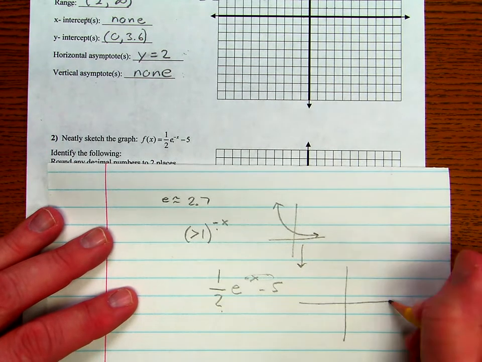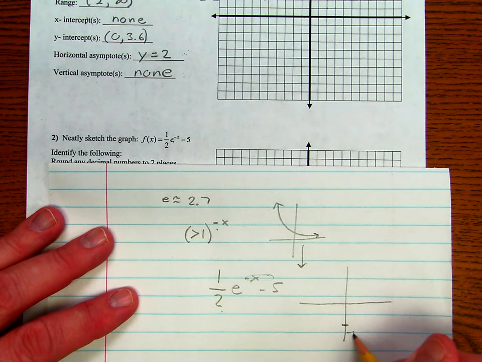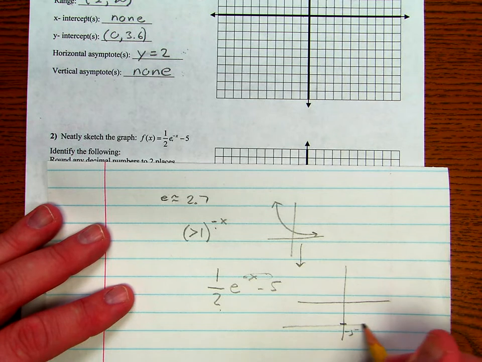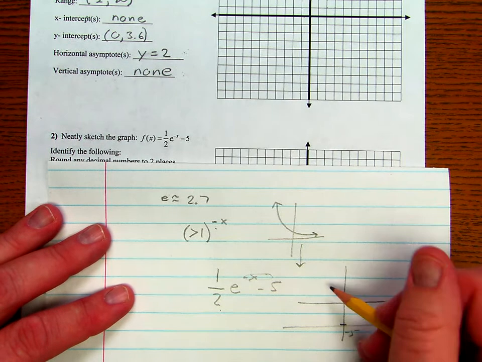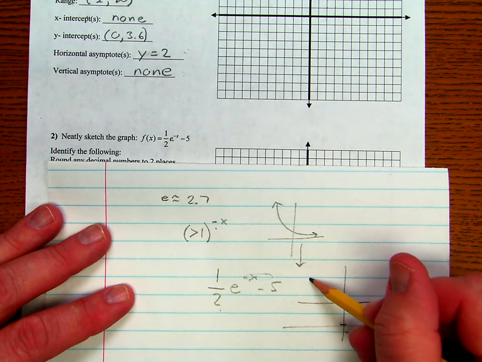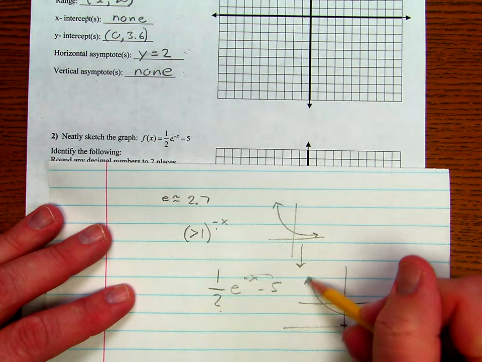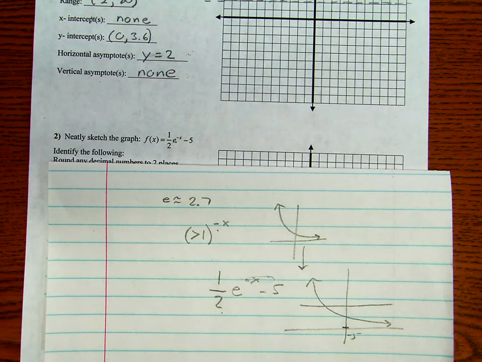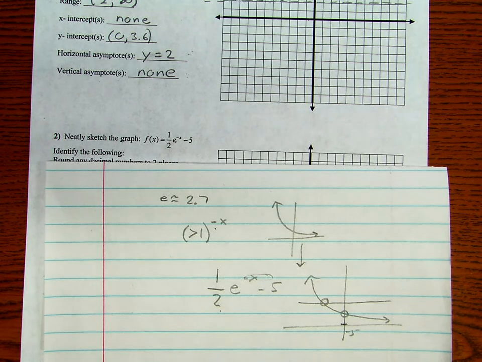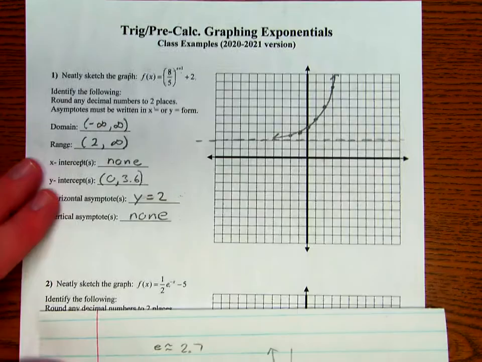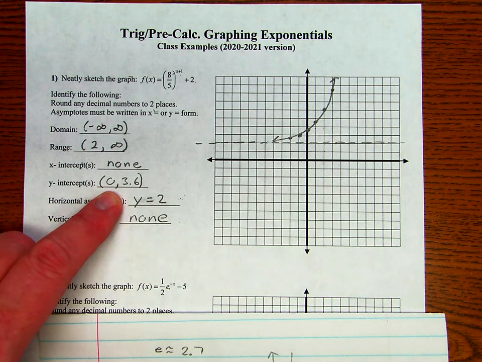So we know we're going to have a horizontal asymptote down here at negative 5. It's still going to have that basic shape, but be a little bit flatter, so it's looking roughly like that. We're expecting both an x- and a y-intercept for this particular graph, as opposed to the one we did above it, where we had a y but no x.